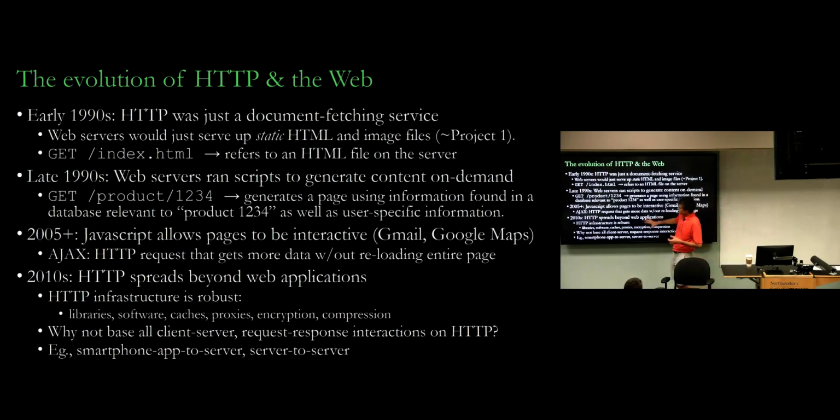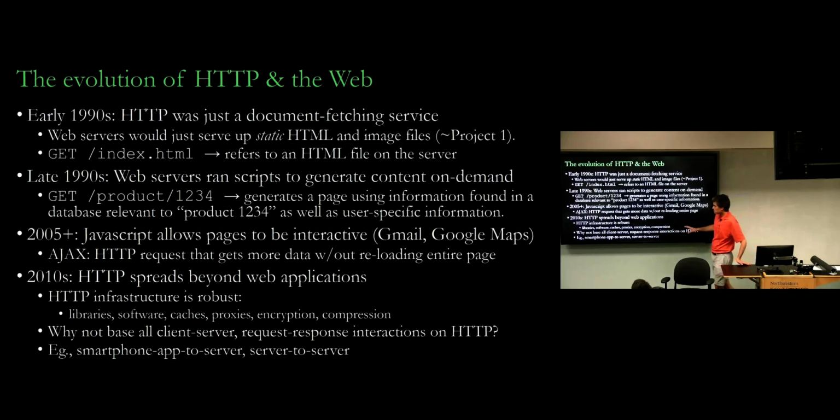And then the most recent kind of evolution in HTTP in this decade has been that HTTP is now used for many web applications, in particular for REST APIs, for client-server interactions of all types, like especially for smartphone applications communicating with remote servers, and for servers communicating with servers, and all that kind of stuff.